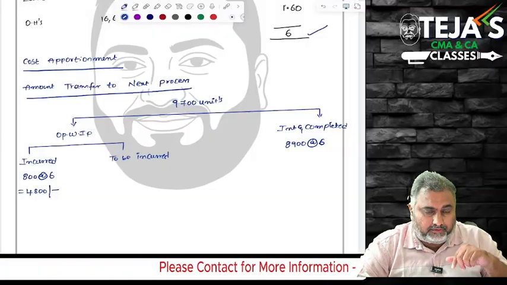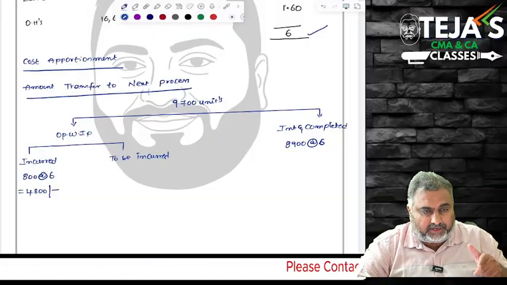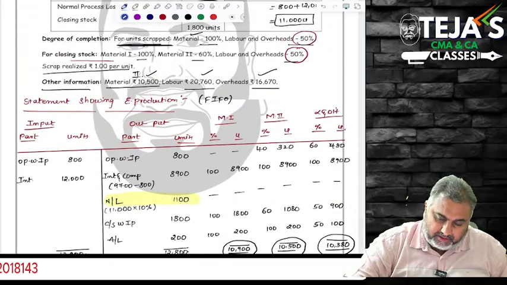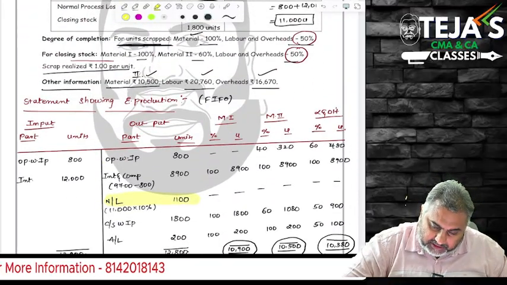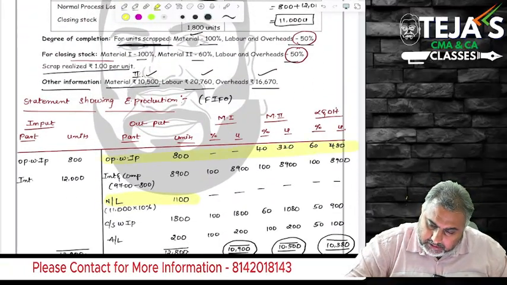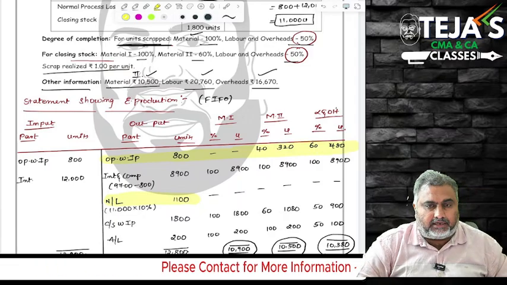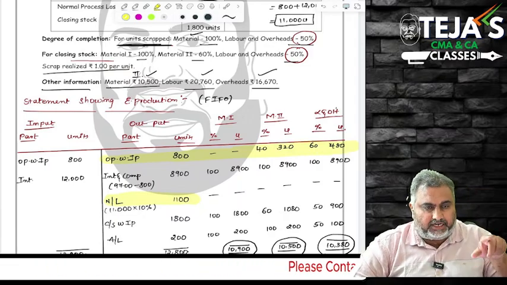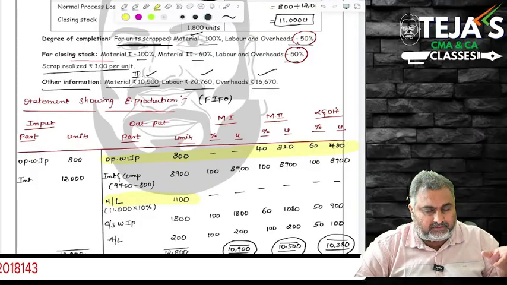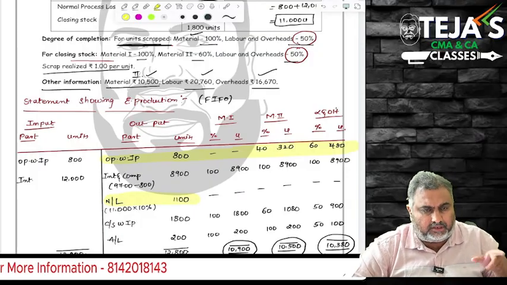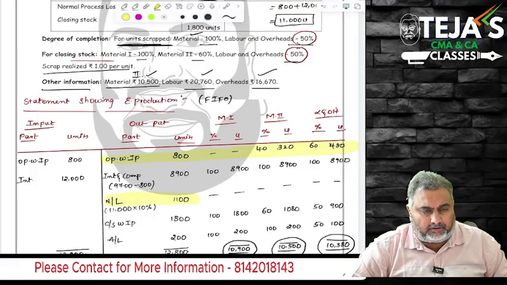Now you need to finish the balance of material 2. See here, the opening part. Now this is the to be incurred cost. 320 units for material 2, 480 units for labor and overheads.